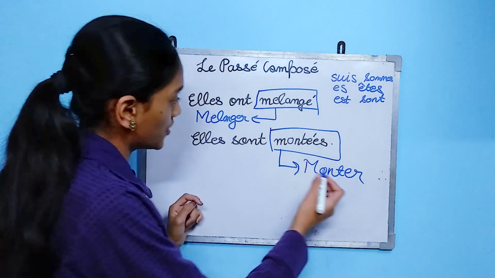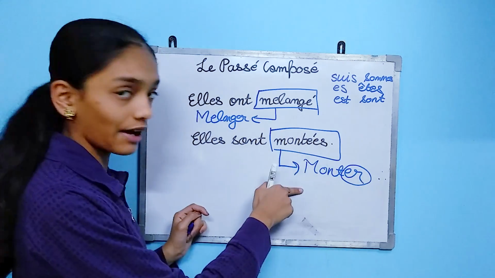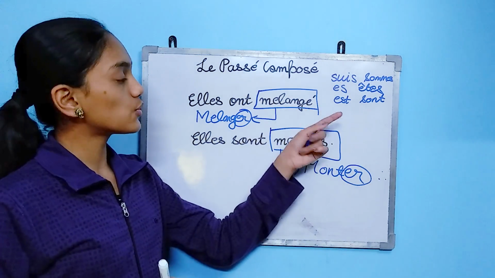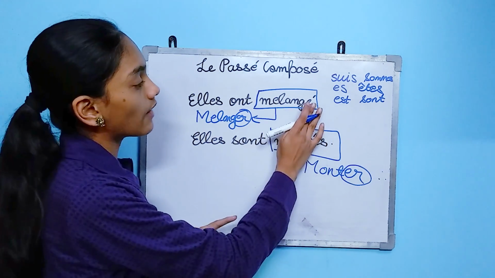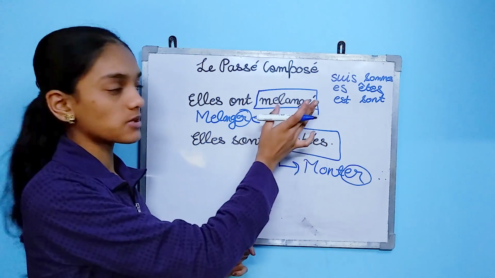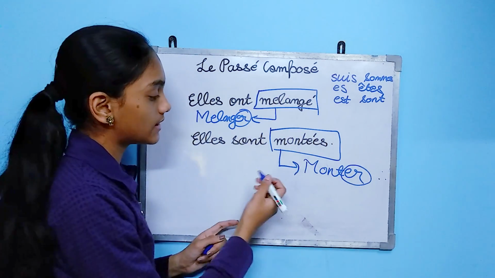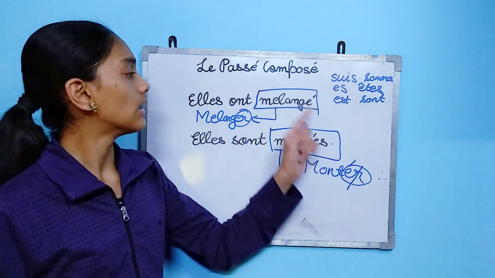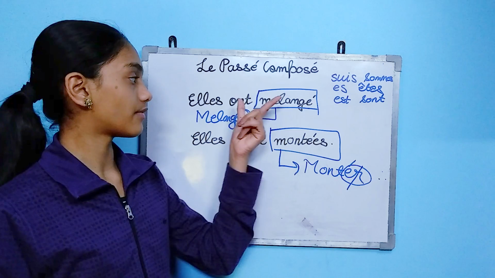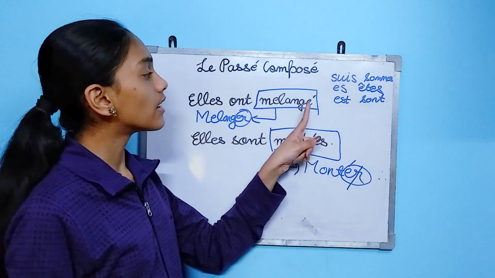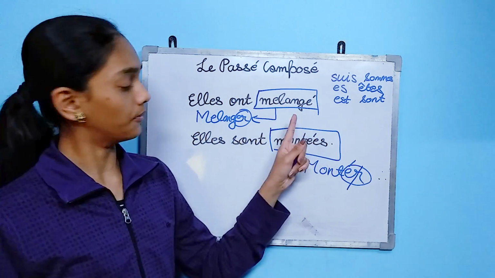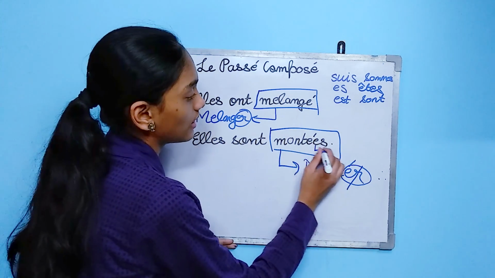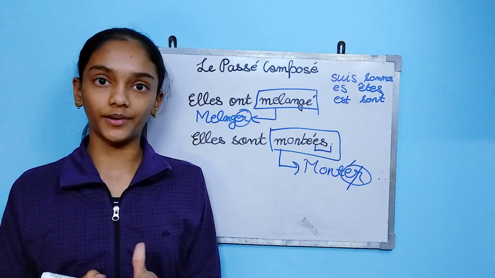Now if you observe, this is also an -er verb and this is also an -er verb. But here we have just stopped at the past participle, the rule which says to remove the R and add an accent on E. In this case, for the first one with avoir, we have just written the past participle. But if you see the one with être, there's an extra E and S present over here.